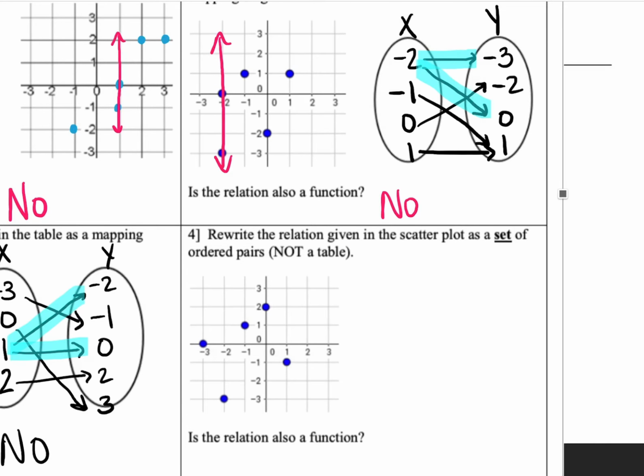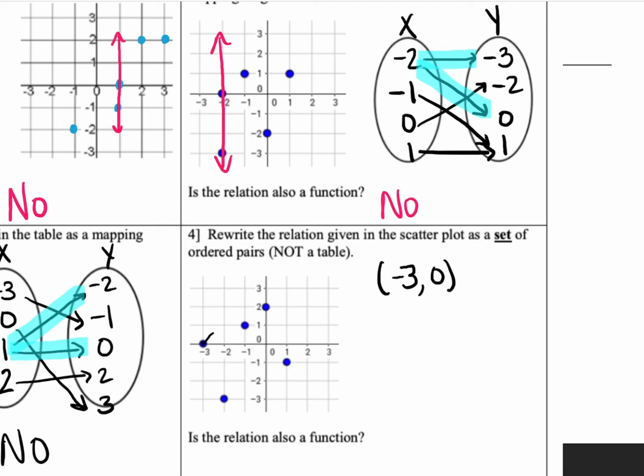Last but not least, we're asked to rewrite the relation in a scatter plot as a set of ordered pairs. So in terms of a set of ordered pairs, really we want to write the coordinates of these points. So we have -3, 0 for our first point.